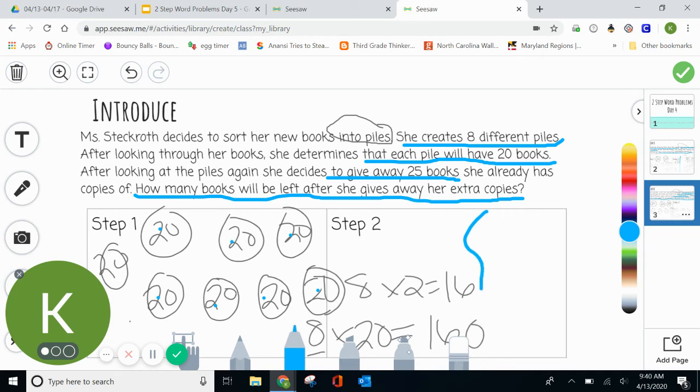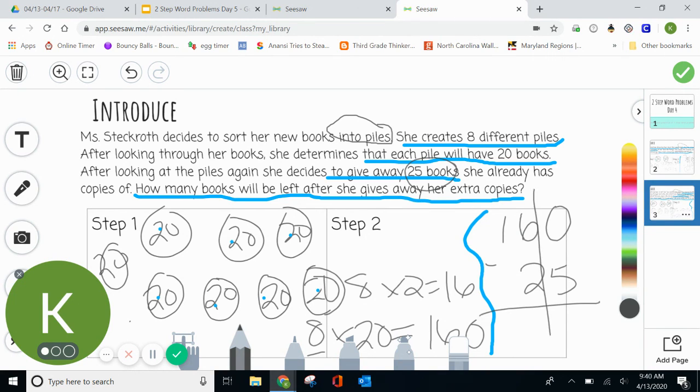So again, just like last time, I'm going to draw a line for my step 2. Didn't give myself enough room here. She's giving away 25 of those books. If I'm giving away, it means I won't have those anymore. So I'm going to take it out of my 160. Set up my problem. 0 ones minus 5 ones is not going to work, so I'm going to regroup.